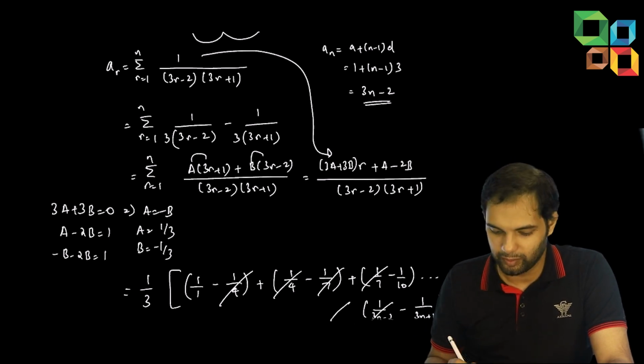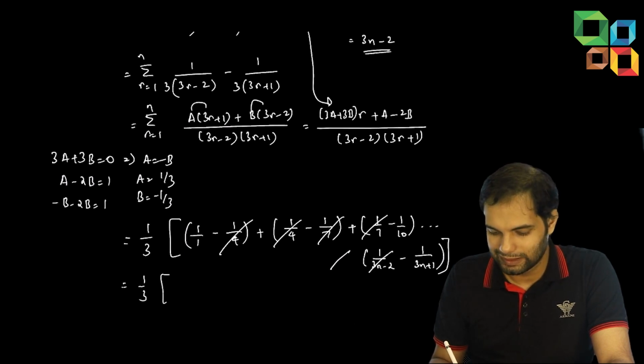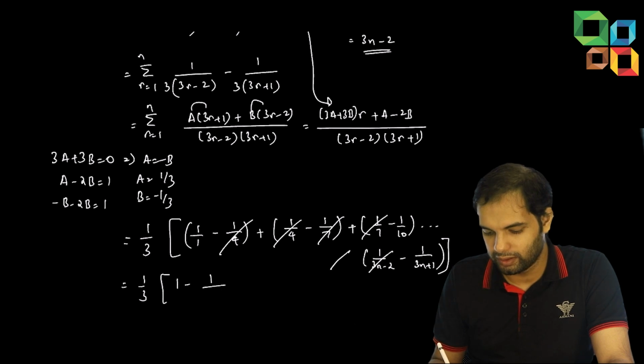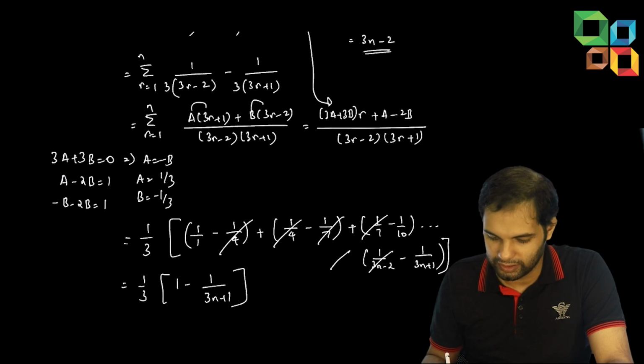At the end, you can see that this term will get cancelled with the previous term. The only terms remaining are 1 by 3 into 1 minus 1 by 3n plus 1. All right, so what's the answer? The answer is 1 by 3.